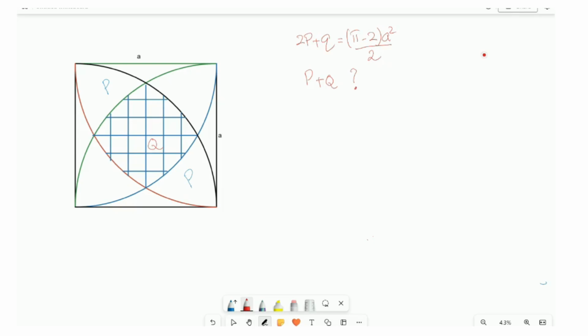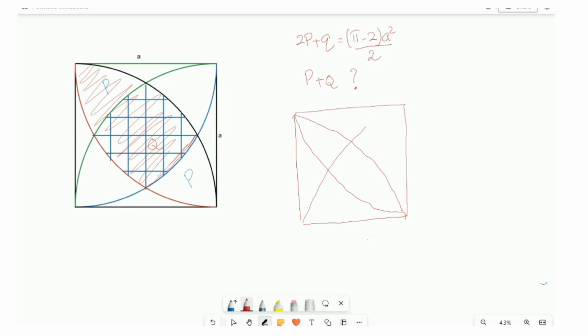P plus Q is this area. So this area, I will draw this one. This is P plus Q. Now I am going to find how much that P plus Q is. So I am going to draw this picture here like this. Then I have this one, and this one, and this one.